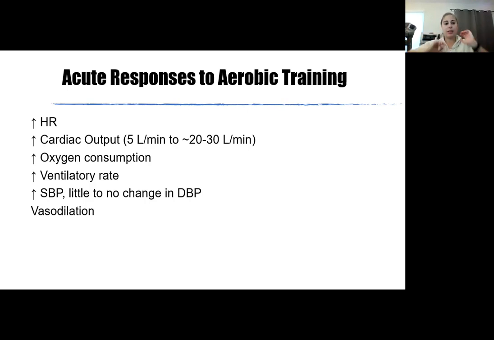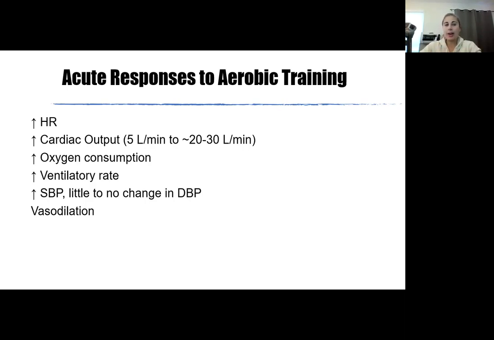I would just rephrase it and say increasing diameter of the blood vessels. If we have increased diameter of our blood vessels, that's going to allow more blood flow. We can get better oxygen delivery to our tissues, better removal of CO2, and better delivery of glucose and what we need to the muscles. So that's what happens during exercise: we get vasodilation.